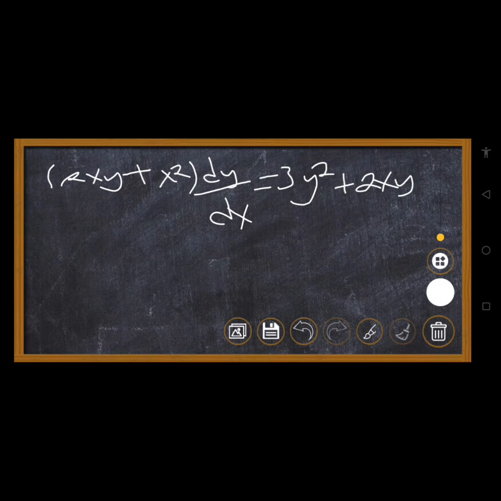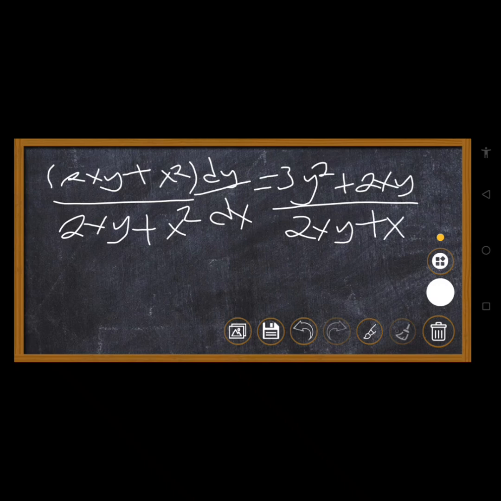So you divide both sides by 2xy plus x squared, so that on the left side you just remain with dy over dx. So this and this cancel, and you just have dy over dx on the left side.